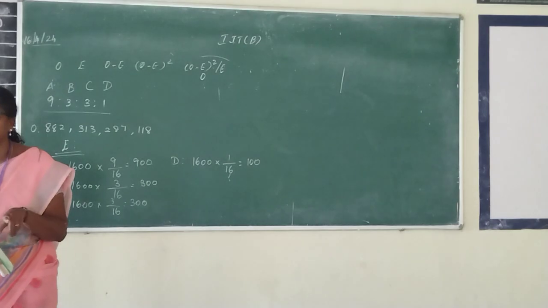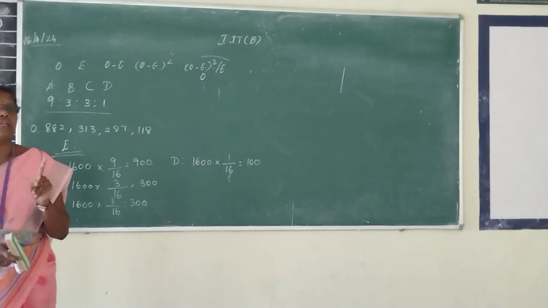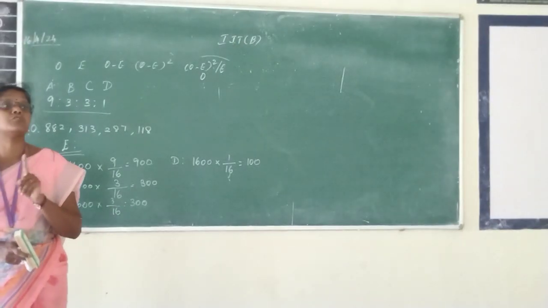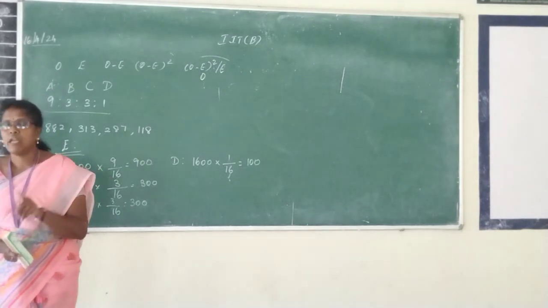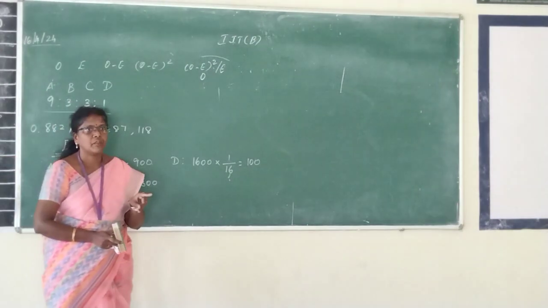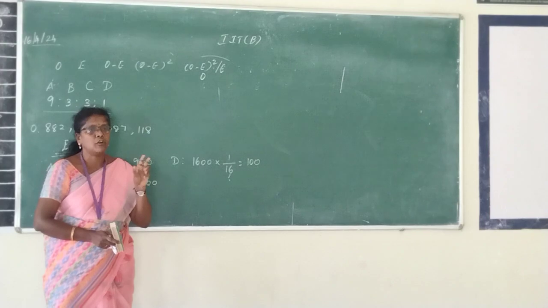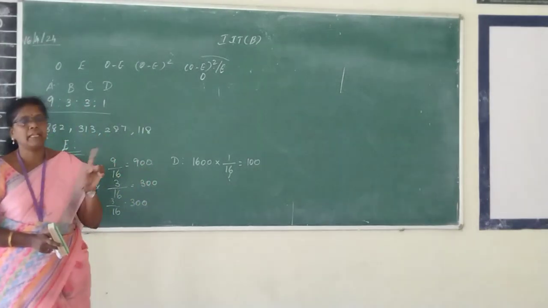For this there will be a change in the degrees of freedom. For general problems the degrees of freedom will be n minus 1. For binomial also the degrees of freedom will be n minus 1. But for Poisson the degrees of freedom will be n minus 2. Note it down. Only the formula for getting the E value will differ.